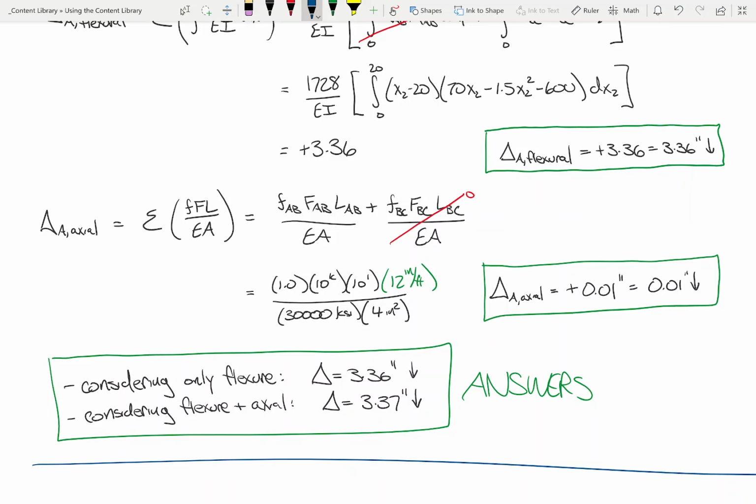And keep in mind, I was really stretching it to make a beam that's really flimsy axially. Axial stiffness is a lot crazier than you would think. So typically in frame analyses, we can just ignore the axial stiffness, and that's why.